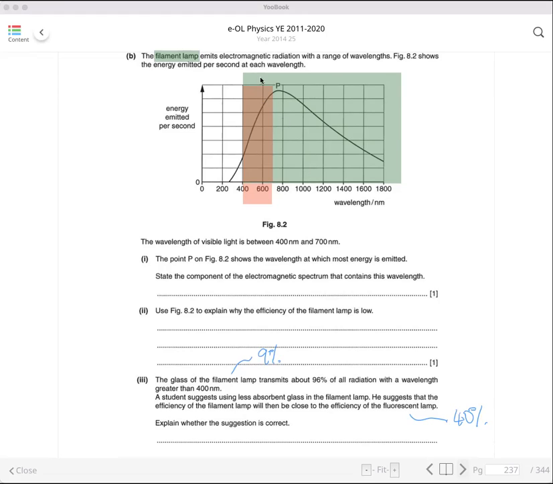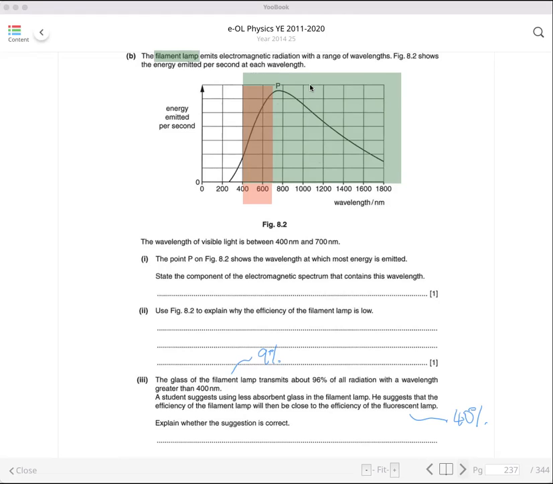It's because the red color part is only about 9% compared to the whole thing. Most of the energy does not get emitted as light. It's emitted as other radiation, from 700 all the way to 1800 nanometer. So the wavelength becomes longer and longer.